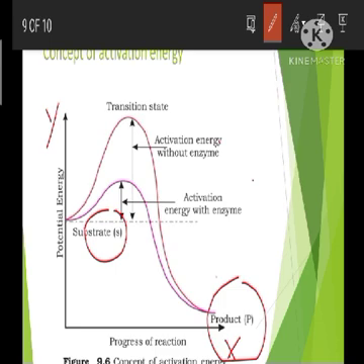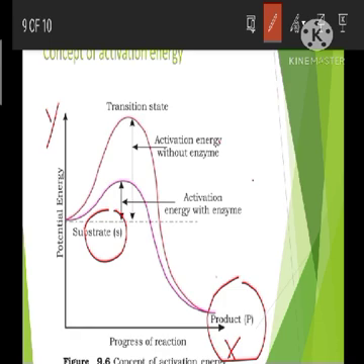So the substrate S has to get more energy from its surrounding. That energy is the activation energy. It should get it from the surrounding so that it can reach a high energy state, that is the transition state. Then automatically it can be converted into the product. But if we are adding an enzyme, this enzyme can bring down the activation energy required for the conversion of substrate S to the transition state.